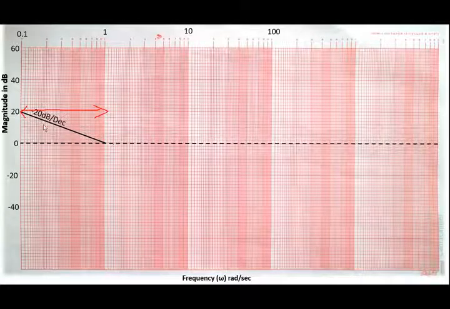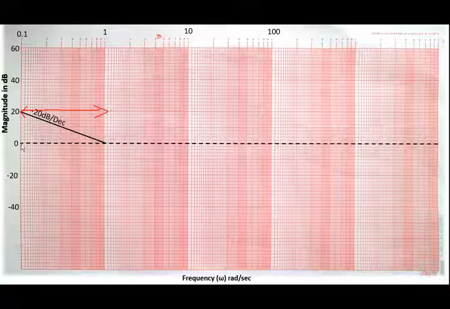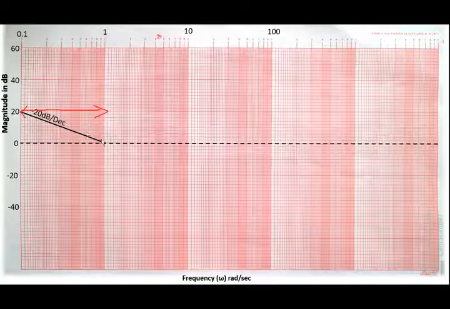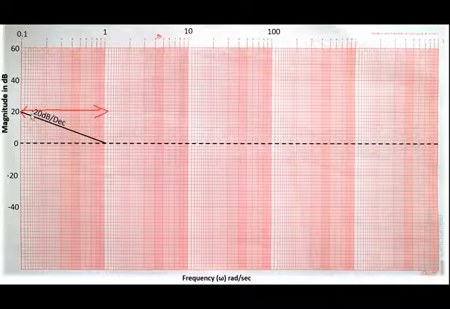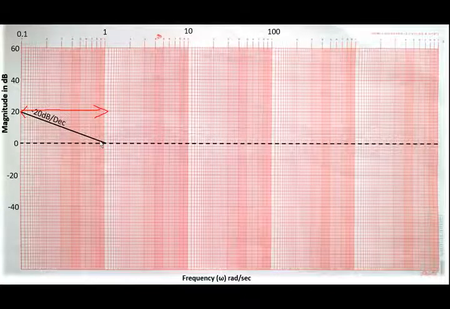This is the standard slope. If we are considering the 10 divisions as 20 dB, this is the standard slope. So in any problem, if they ask to plot the minus 20 dB per decade, you need to always consider this angle or this inclination itself for minus 20 dB per decade slope.